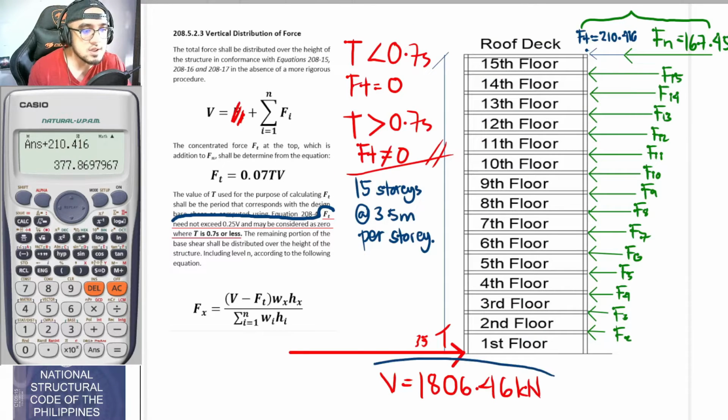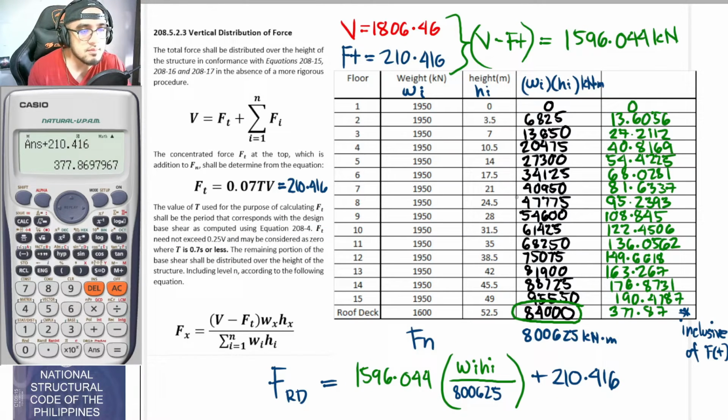Pag kukunin mo po yung total na lahat, dapat po exactly like that. So our answer here is 1806.4597, which is 1806.46. So with that, I can now conclude that my computation here is correct.